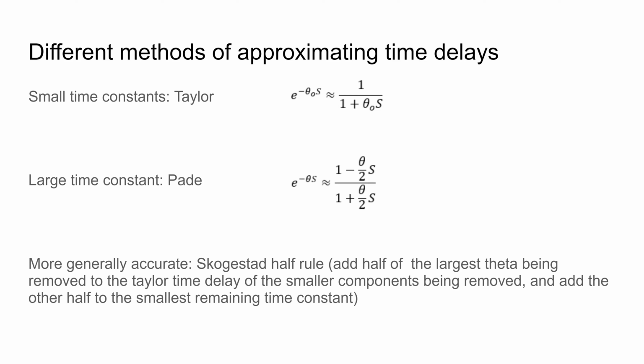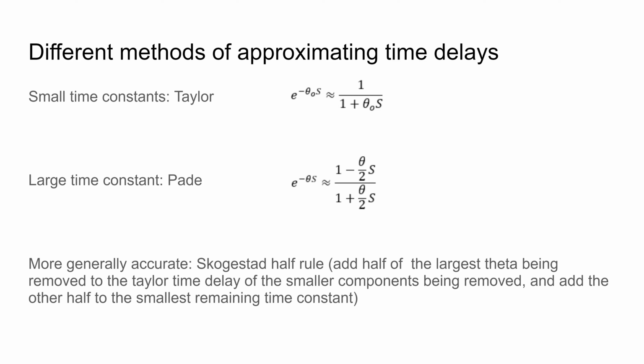Now, what happens if your time constant is large? Well, you can still apply the Taylor method, but it becomes less accurate, and so it becomes desirable to use a more effective approximation. For a large time constant, you would use what's called the Padé approximation. You can see that in the middle here. This Padé approximation is 1 minus theta over 2 s, over 1 plus theta over 2 s.